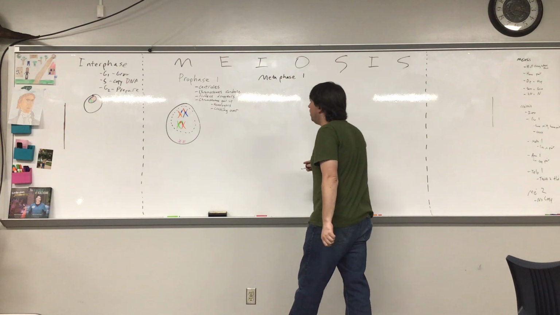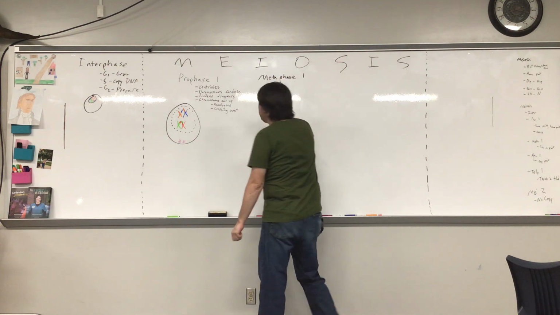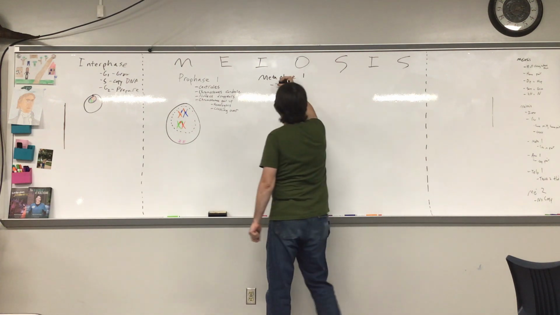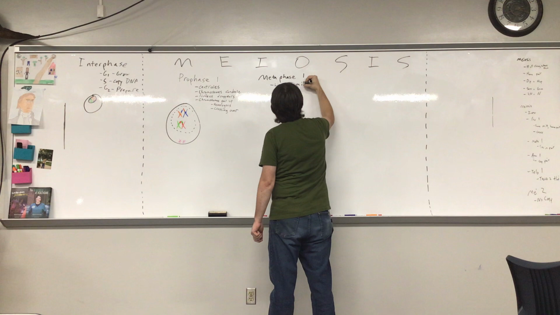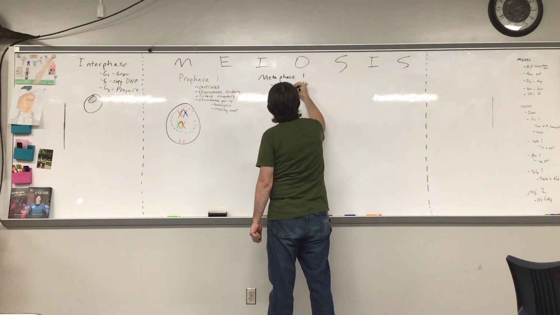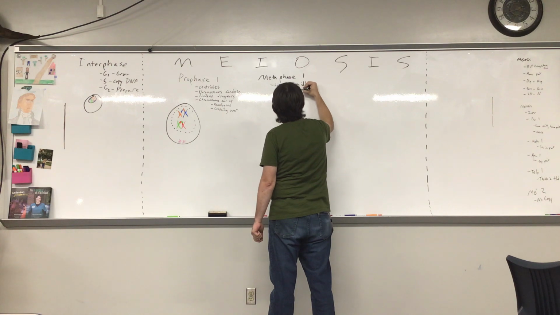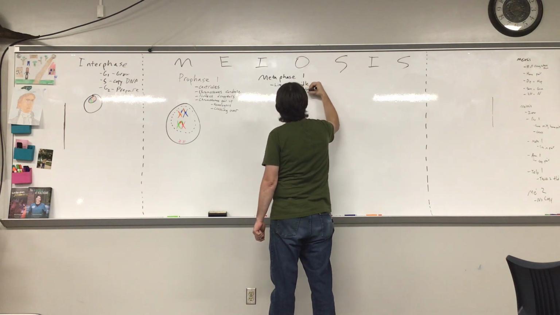And in metaphase 1, we line up like in prophase, but we are in our homologous pairs still.